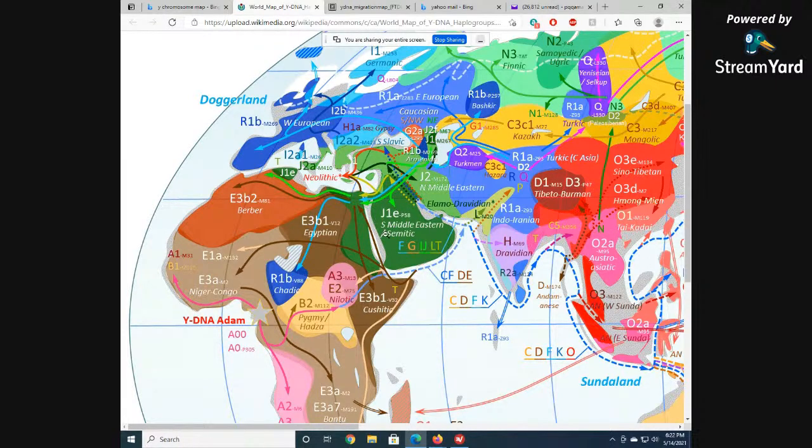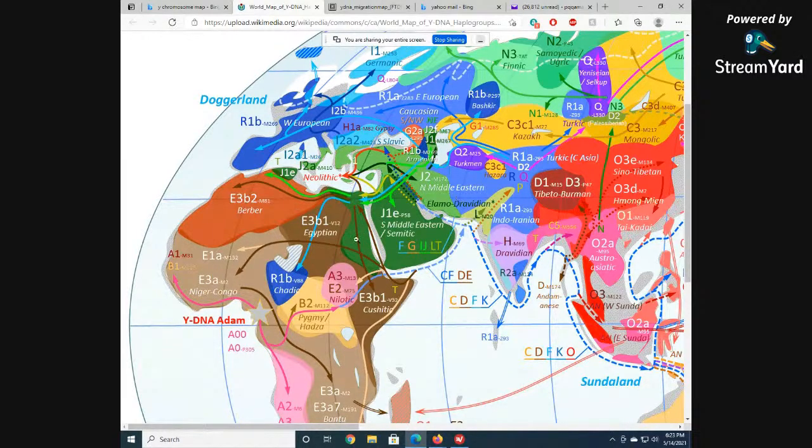We have Elam, the H, Dravidians, which happens to be the gypsies in Europe as well. So the gypsies in Europe are Elamites, descended from Elam. Of course, there's all kinds of other people to be identified here.